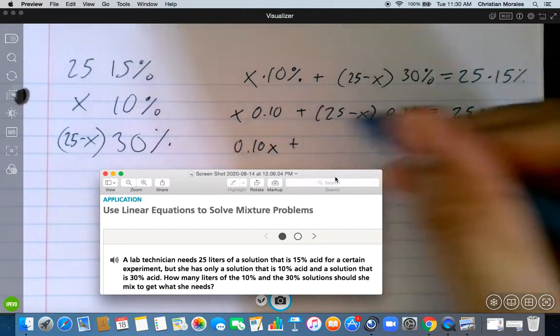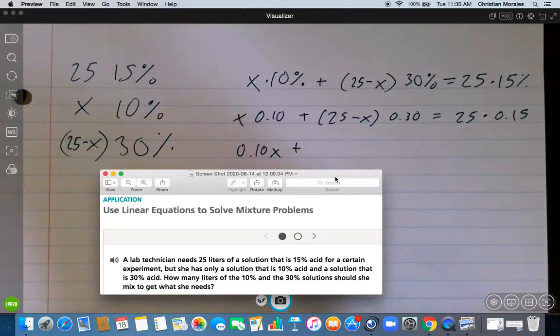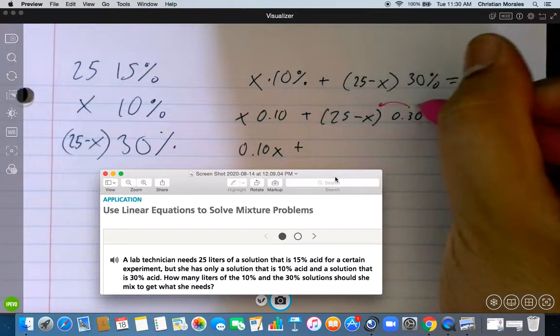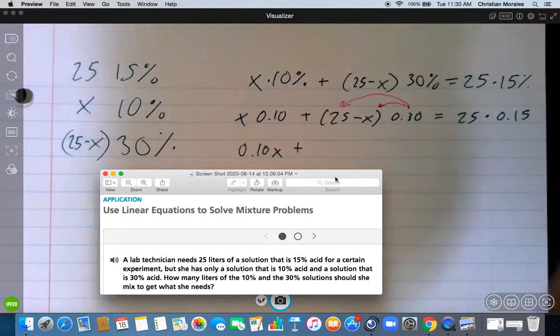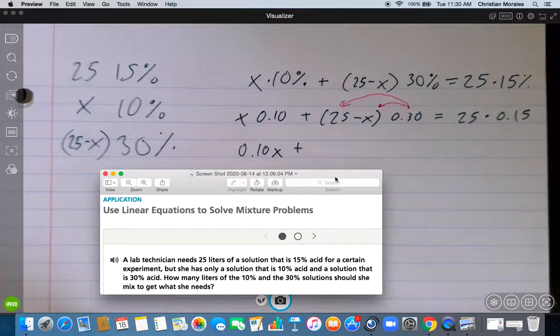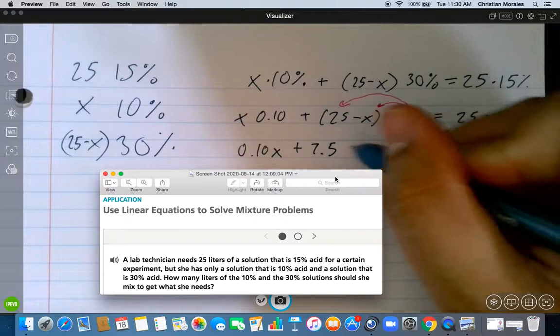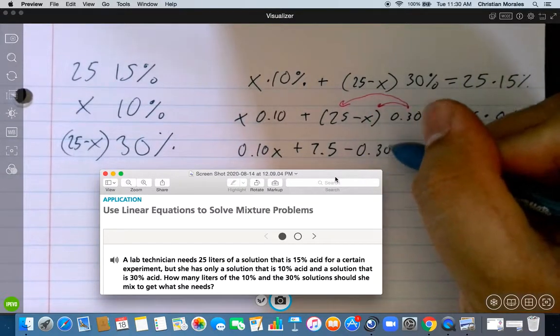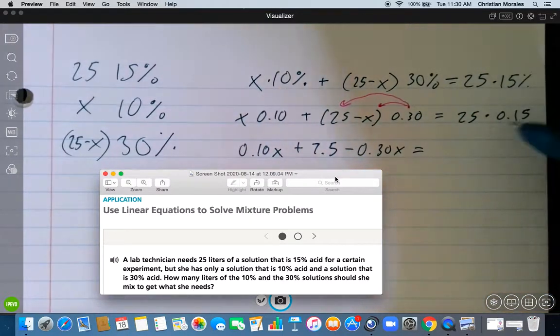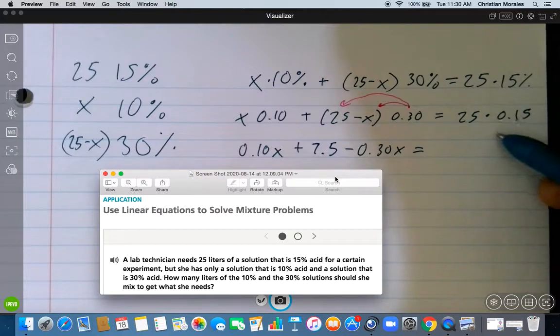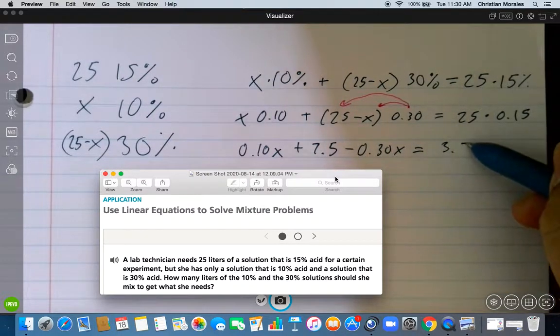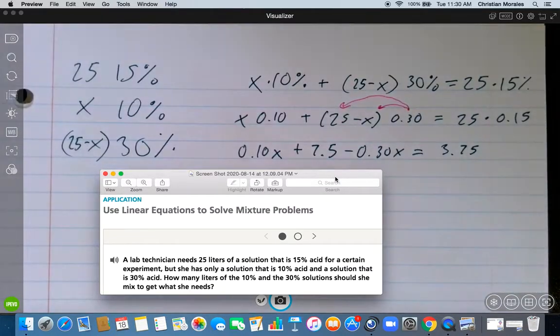If I multiply this one I have to distribute, so you have to multiply them both by 0.30. So this would be 7.5, and this would be 0.30x. And then over here, if I multiply these two, I get 3.75. I'm just using my calculator to get those numbers.